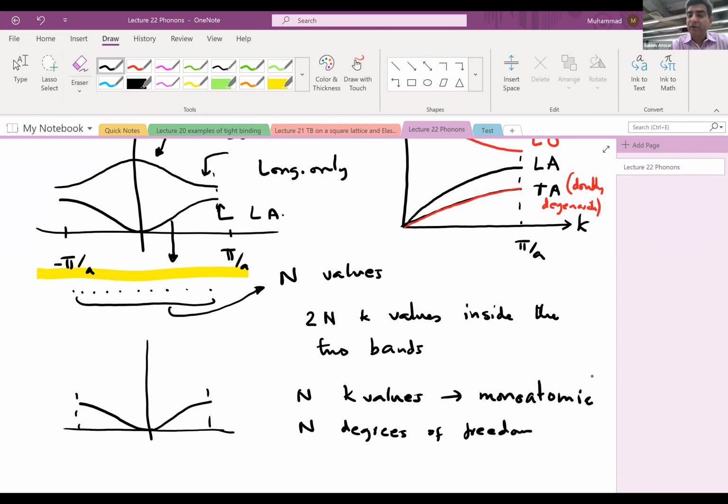Suppose I have triatomic unit cells, tetraatomic unit cells. Then I'll have optical branches and I'll have acoustic branches, and I'm allowing the possibility of transverse modes as well.